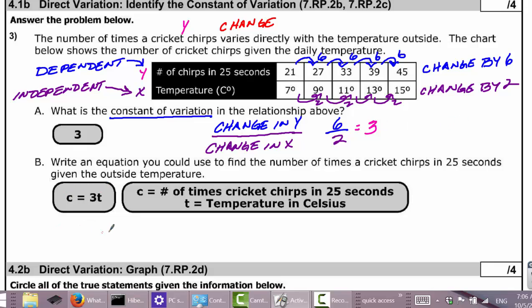That's our constant of variation. This value right there will always be that constant of variation, that predictable change in the value. All right, again, rewind this if you need to. We're going to move on to the next question.